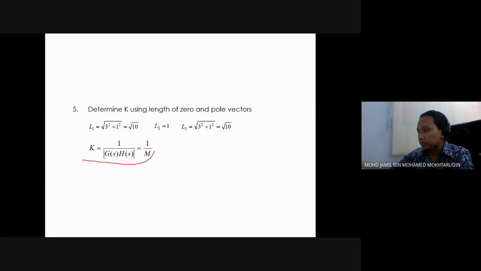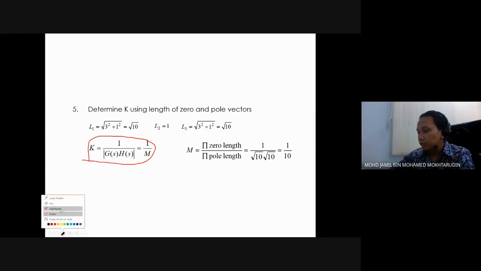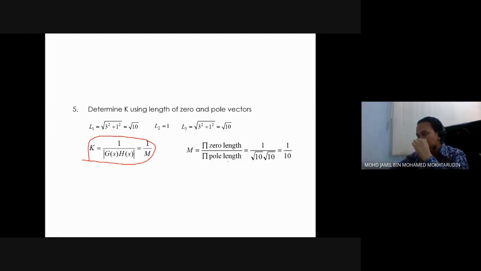To find the magnitude M, you use the concept we learned just now: M equals the product of zero lengths divided by the product of pole lengths. The zero length is 1, the pole lengths are square root of 10 and square root of 10. So you get 1 over 10. Substituting back, K equals 10.